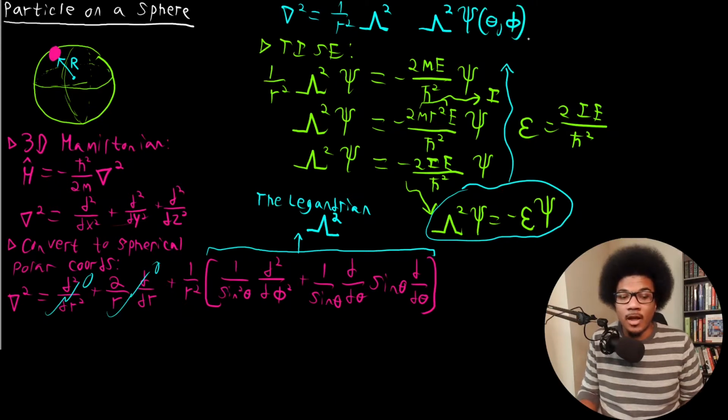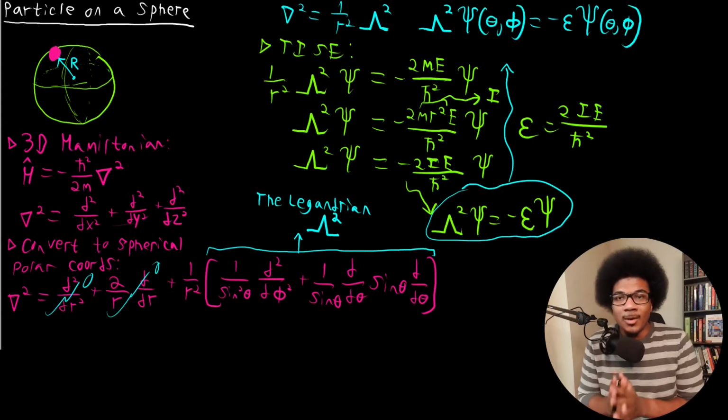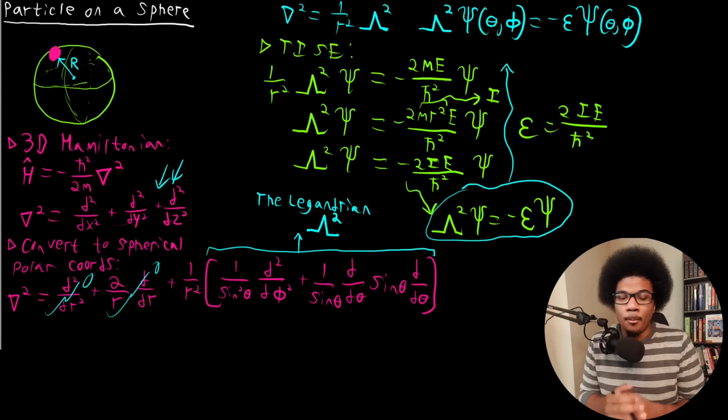So we have a wave function that's a function of theta and phi. Looking at this problem, we have a function of two variables, whereas we started with a function of three variables, so we've simplified it quite a bit. But we need to find a solution to this partial differential equation.